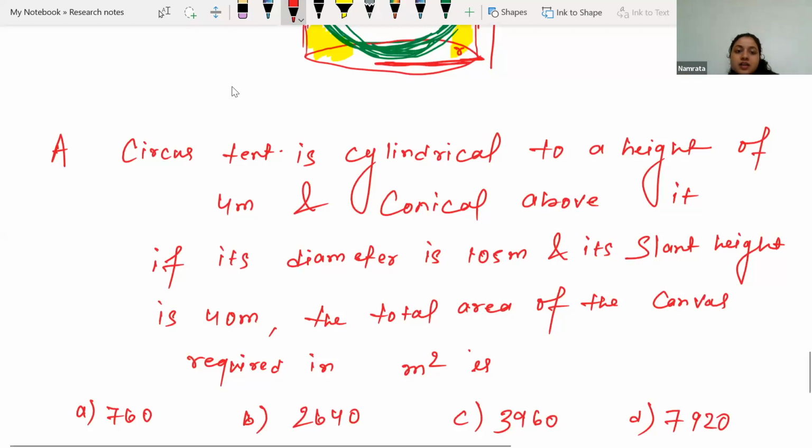So let's understand the question first. Whenever we have such a long question, we try to break it into smaller parts and try to understand the concept. The first statement says a circus tent is cylindrical to a height of 4 meter. So at first the circus tent is of cylindrical shape and then conical above. Let's draw it.